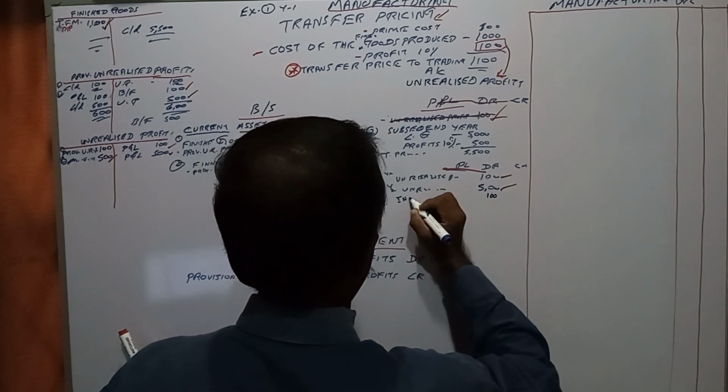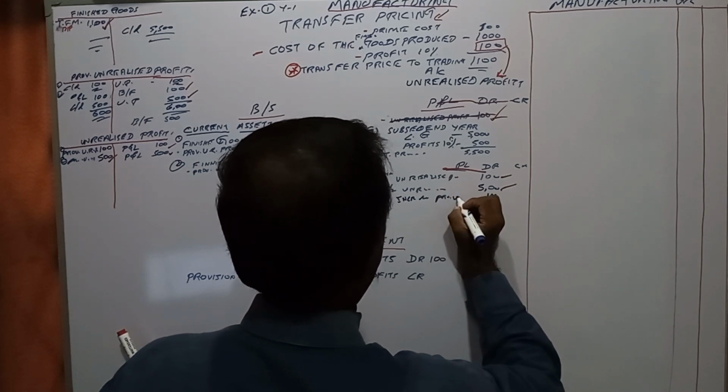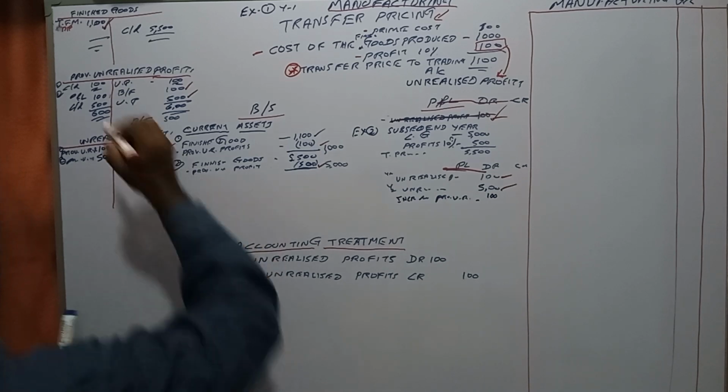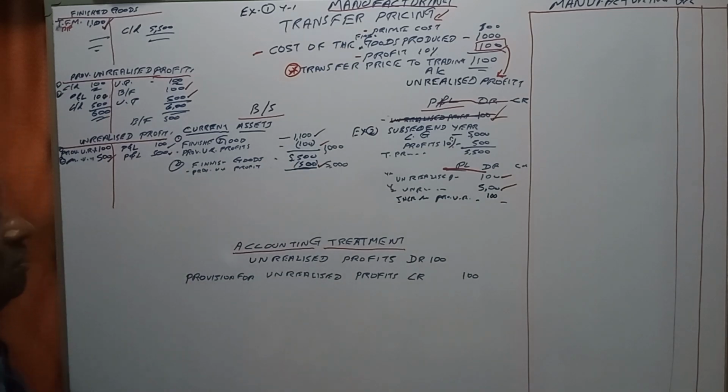Increase in provision for unrealized profits, 100. So this is okay, this is okay. We have the balance sheet, this is subsequent.